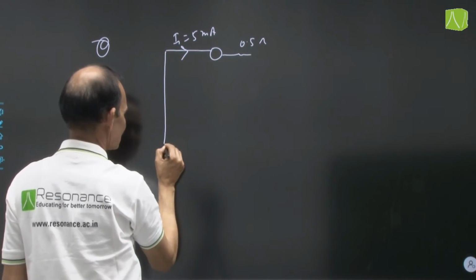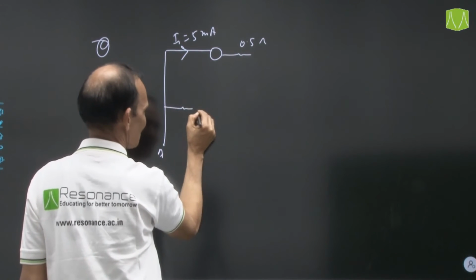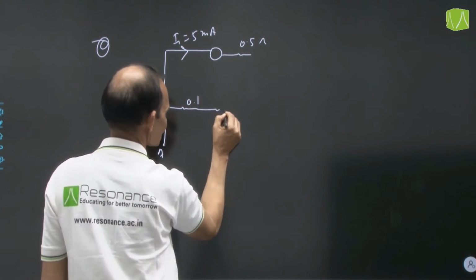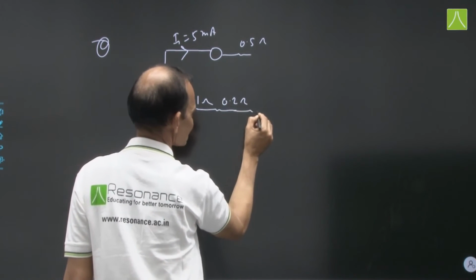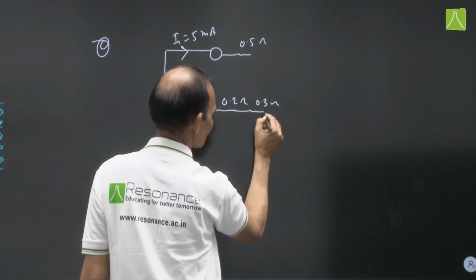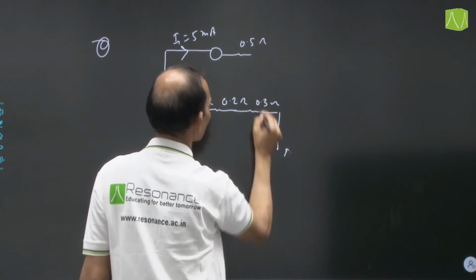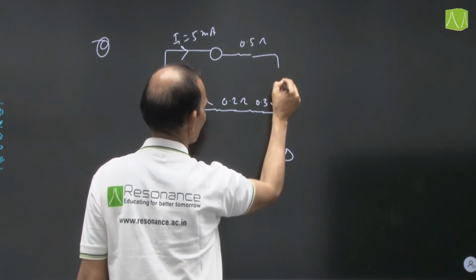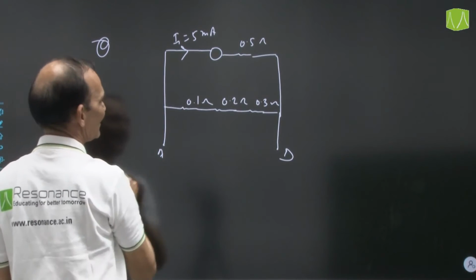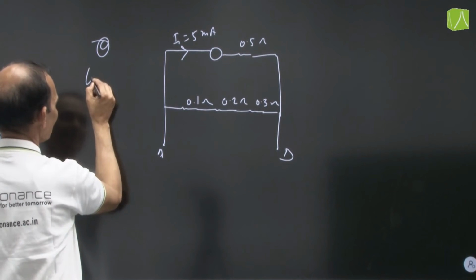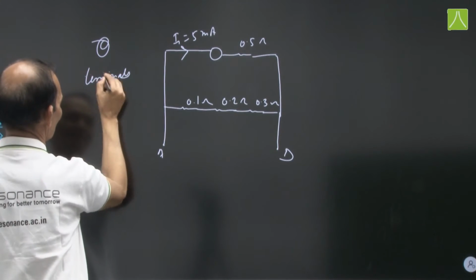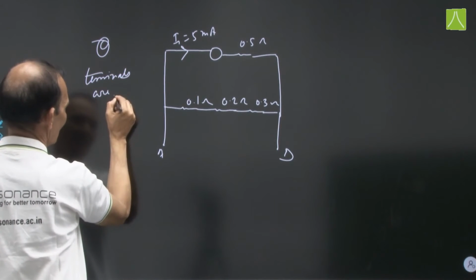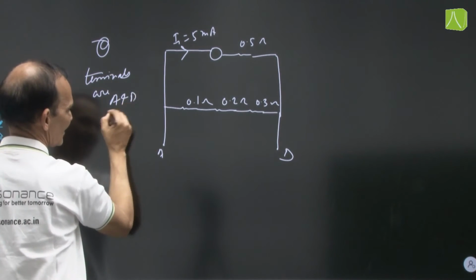This point is A, its resistance is 0.1, then 0.2 ohm, then 0.3 ohm. This point is D. Between terminals A and the last point D.